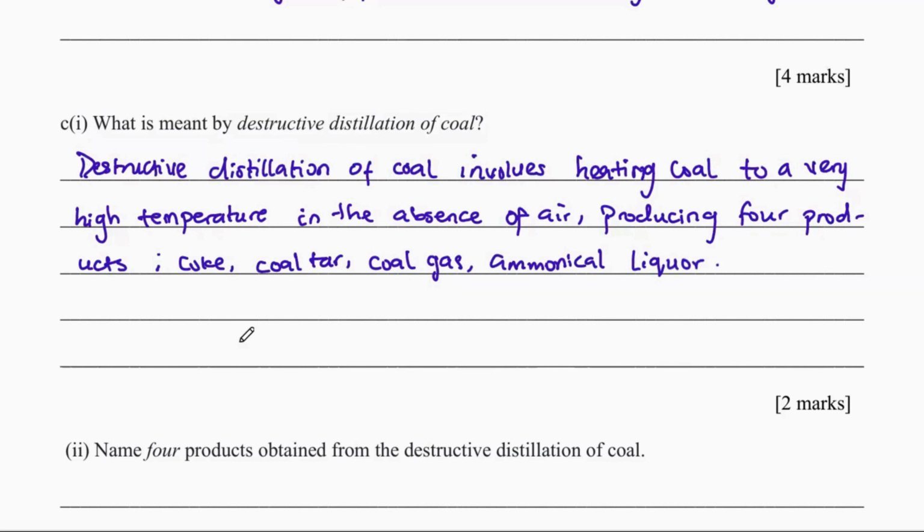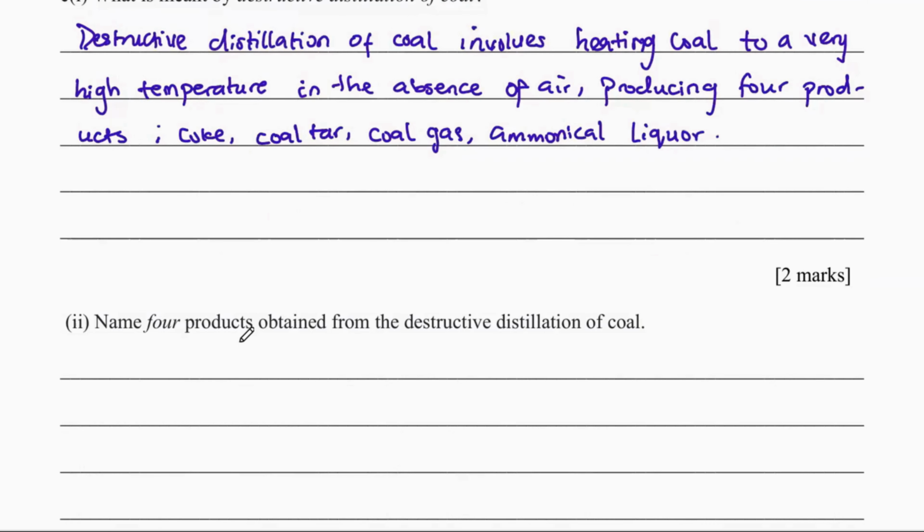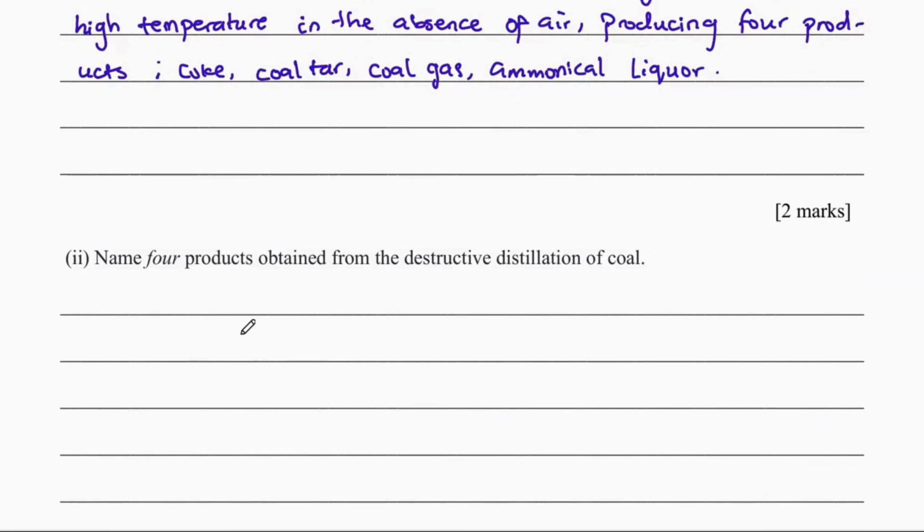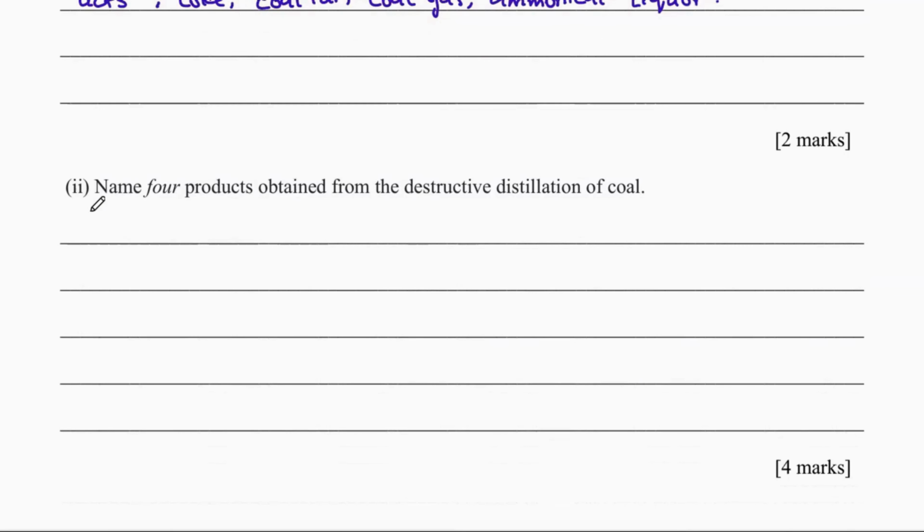Now the next question is, name four products obtained from destructive distillation of coal. Just what I mentioned. So we have coke, we have coal tar, we have ammoniacal liquor, and also coal gas.